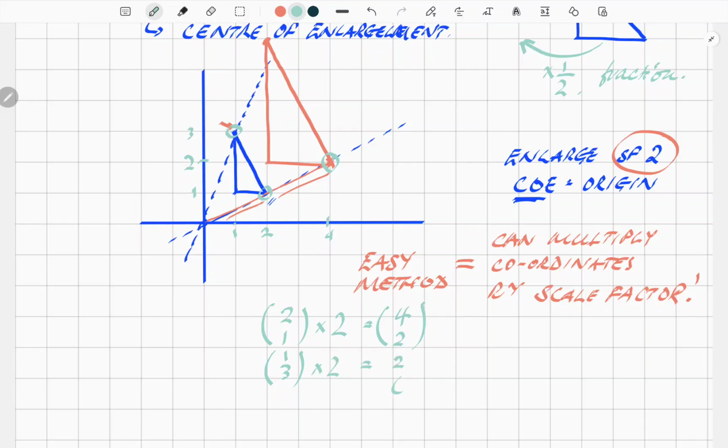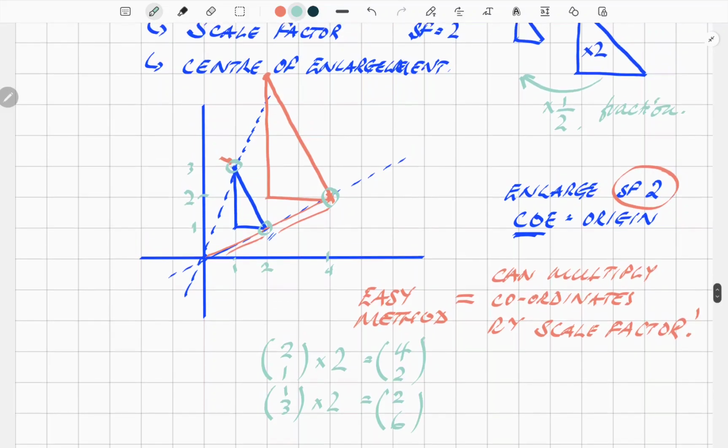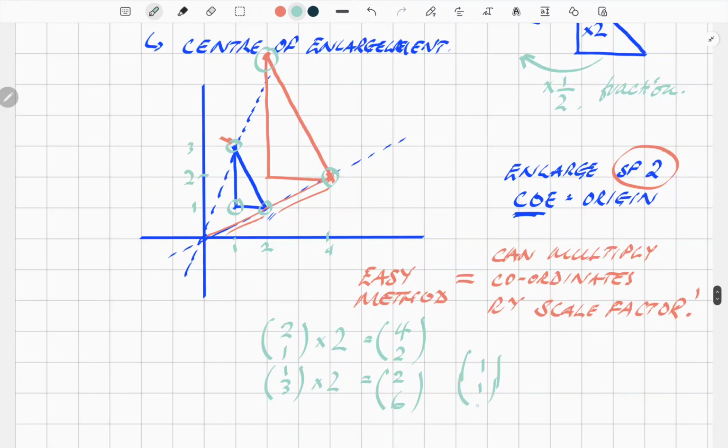You end up with 2, 6. And that's exactly what this is. And this one here was 1, 1. Times 2 equals 2, 2. And that's exactly there. Do you see?